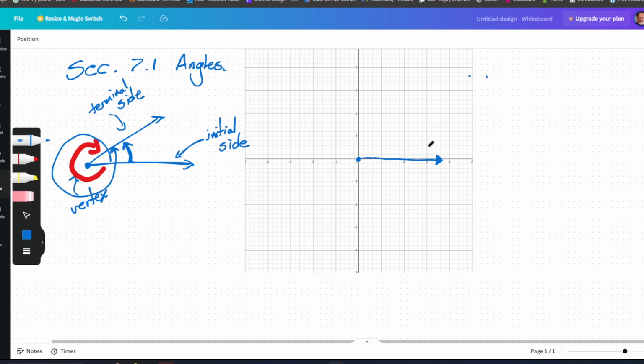And when we track out an angle, or when we swing around some angle, our angles are going to be measured positively if they go in the counterclockwise direction, and we're going to consider them to be a negative angle if they go in the clockwise direction.